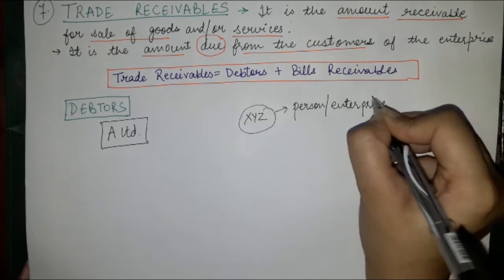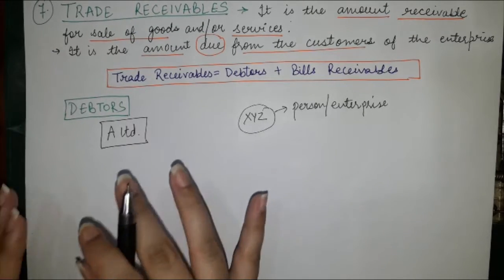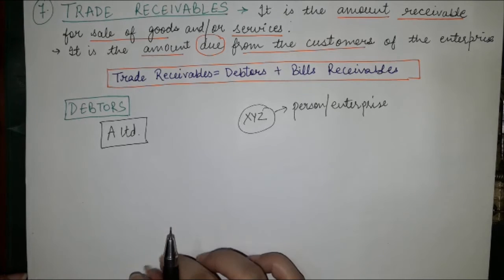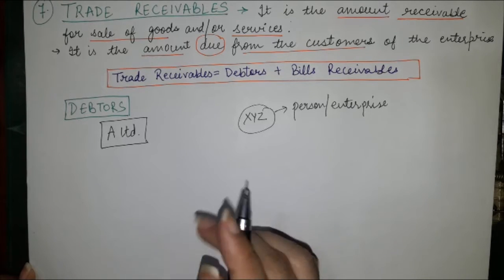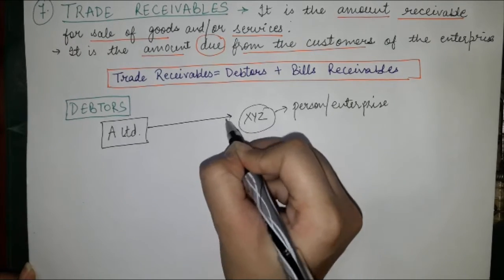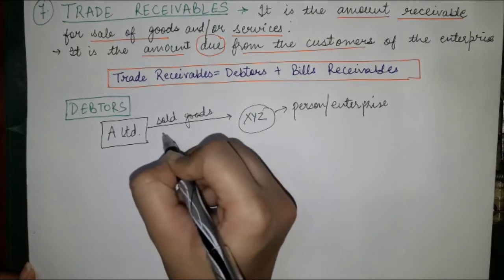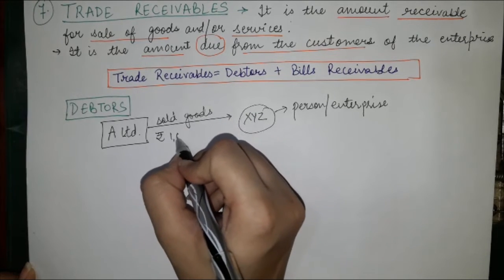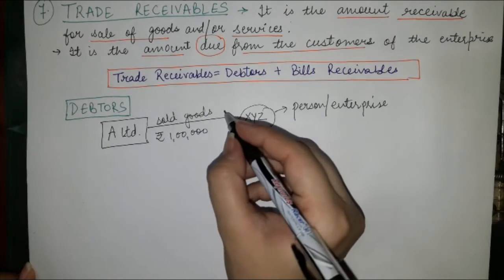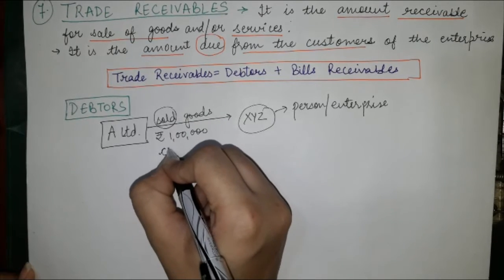Now whenever we study, we study from the point of view of our business. So let's say that A Limited has sold goods worth rupees 1 lakh to XYZ, right? And these goods that have been sold are on credit basis.